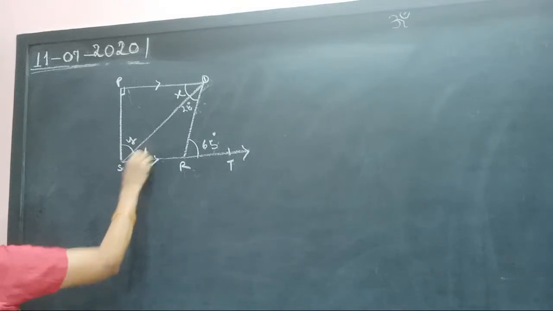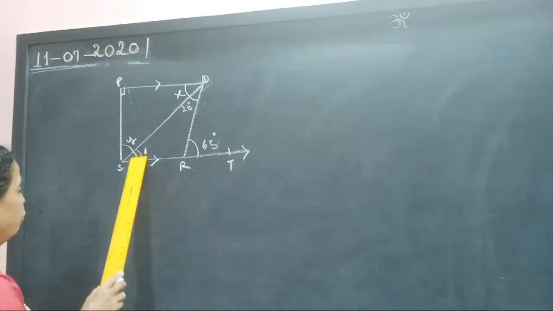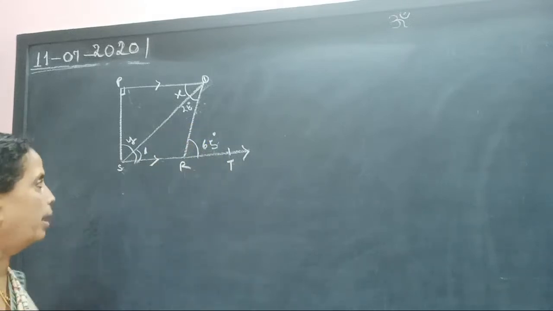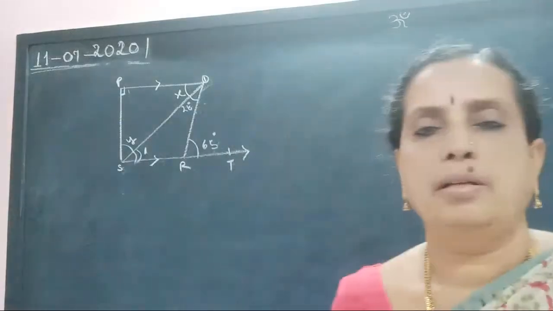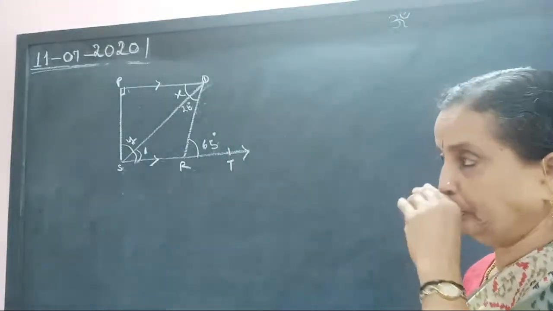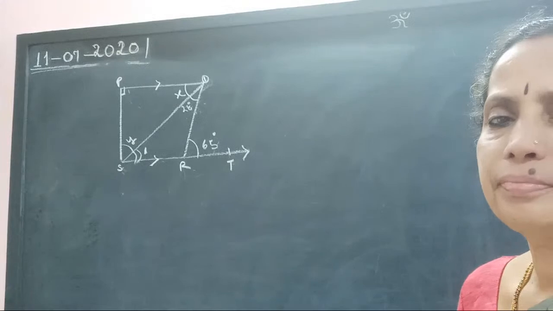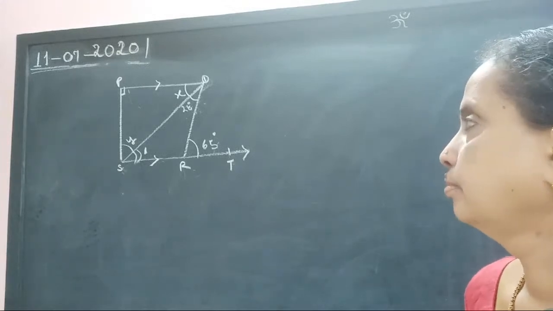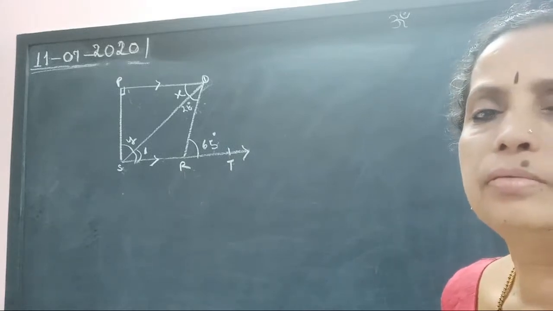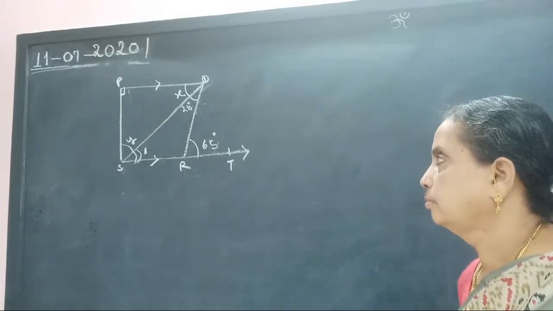That is, I name it as 1. 1 plus 28 degree equals 65. Therefore, 1 equals 65 minus 28. What is 65 minus 28? 37.